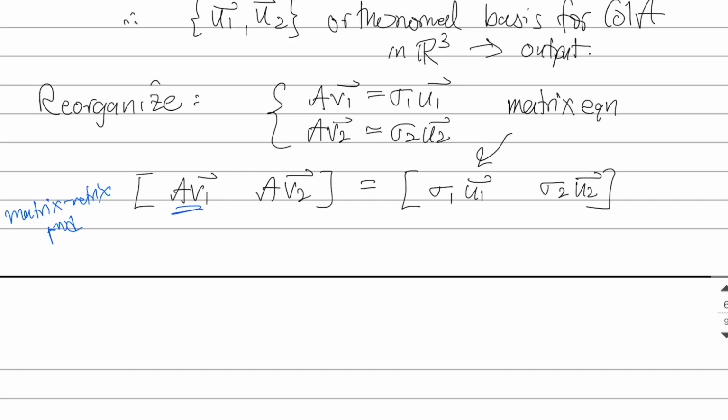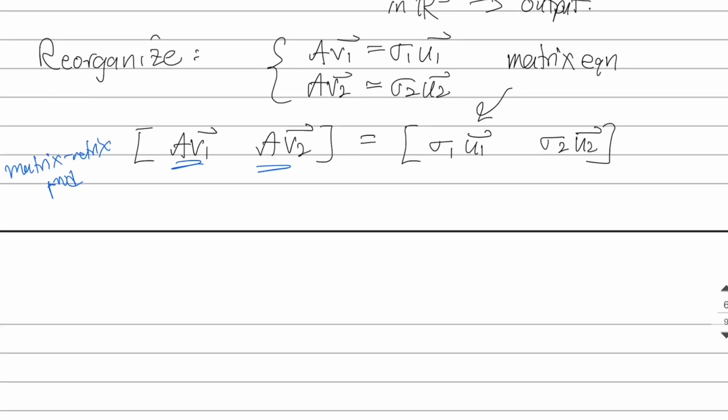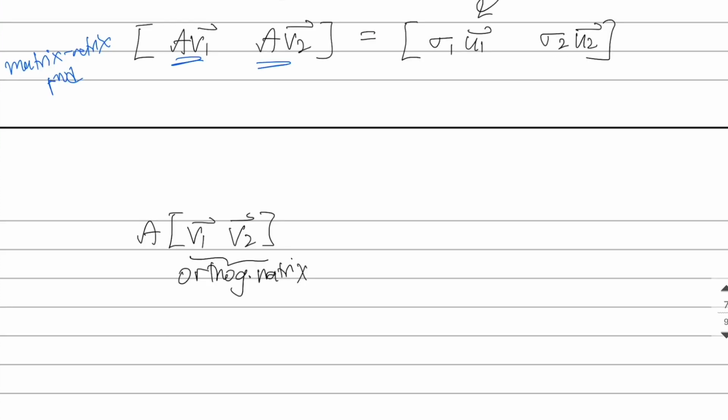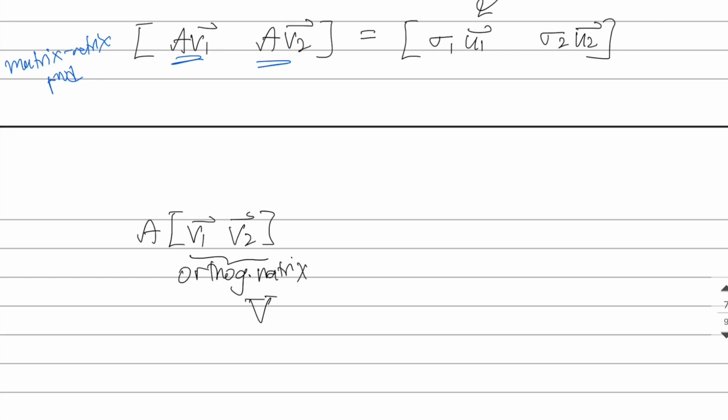So by definition of matrix-matrix product, this first term is the matrix A times V1 and V2. So this turns out to be an orthogonal matrix. And this matrix we're going to call capital V.